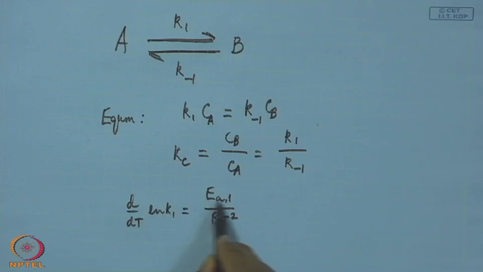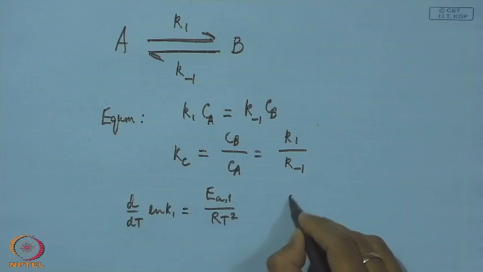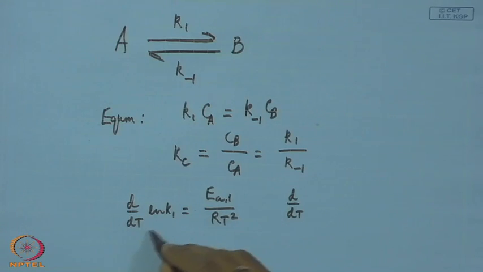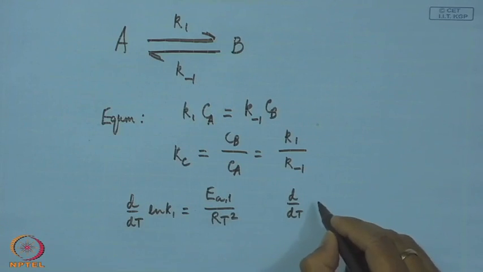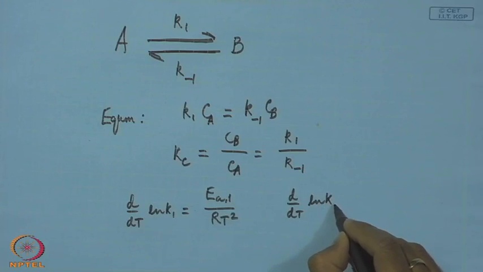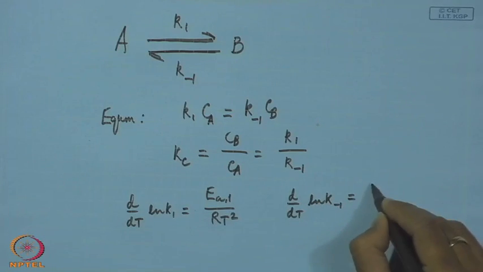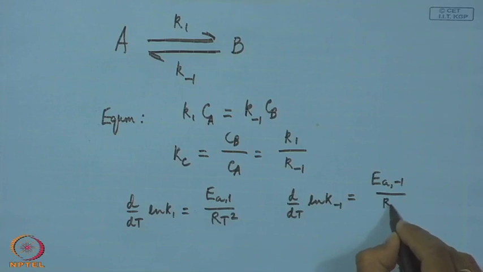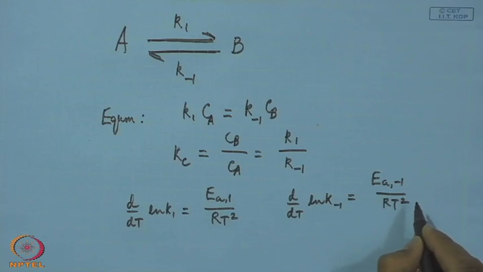EA means activation energy for the forward process. In the same way, d dt of, it is the derivative form of the Arrhenius equation, ln K minus 1 is equal to EA minus 1 by RT square. Okay.